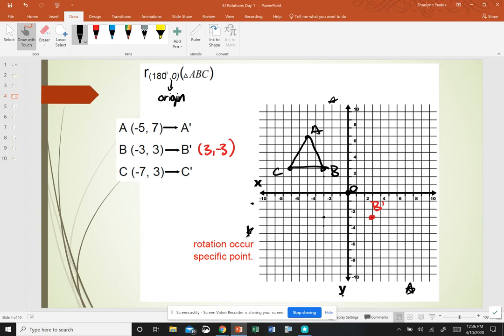So if I rotate my screen and put the A where it should be over here, I would go to (5, -7). Here's where A would be. And then C will be right here if we want to keep our triangle where it should be.